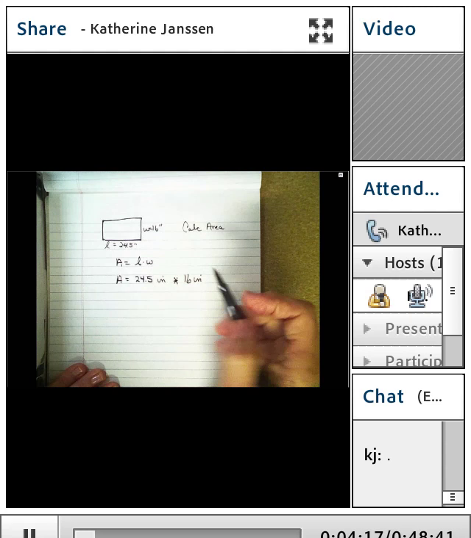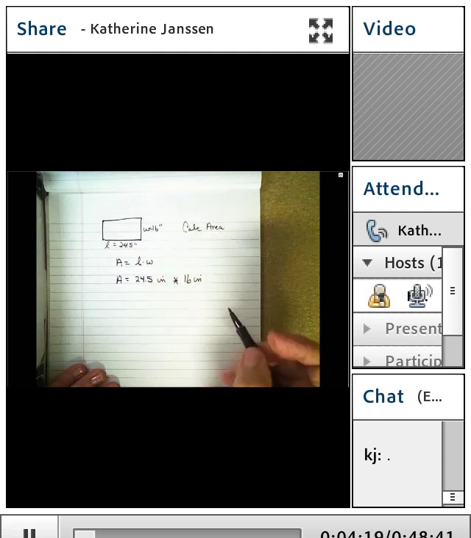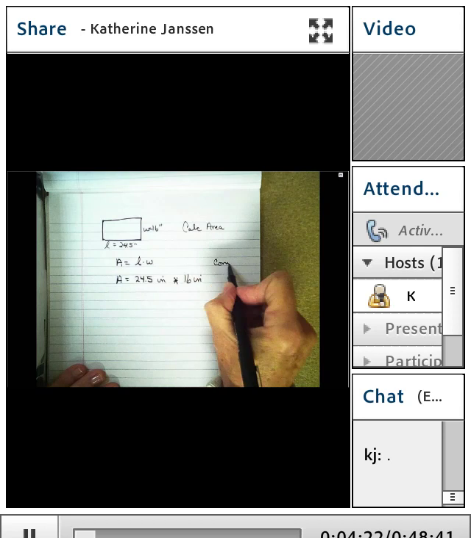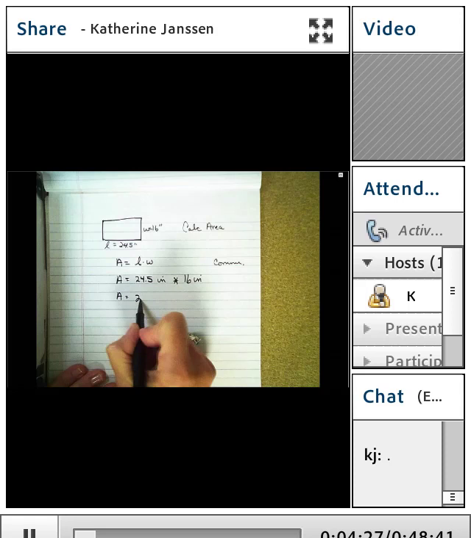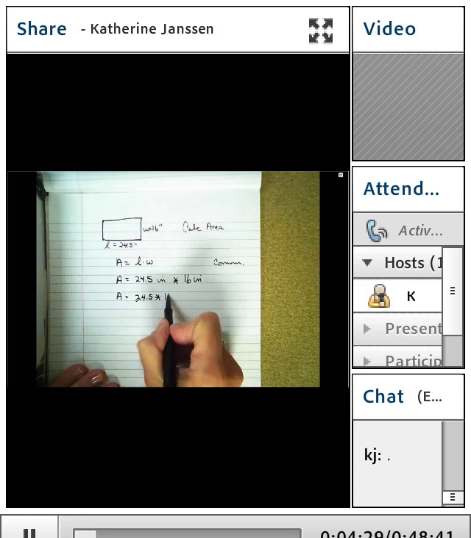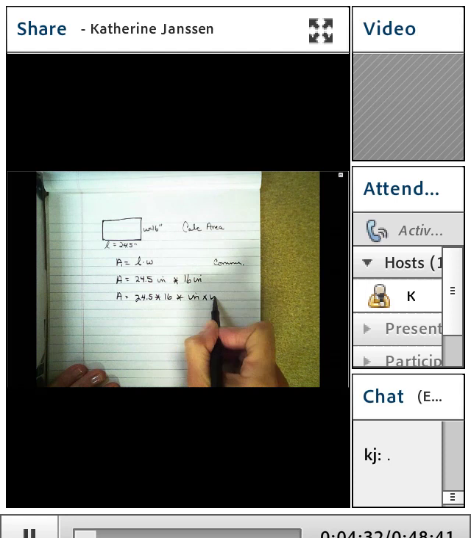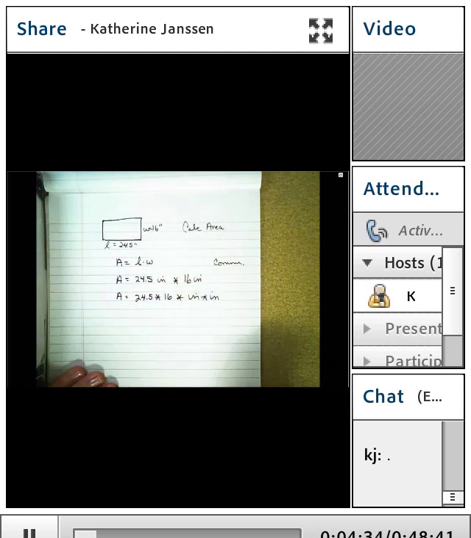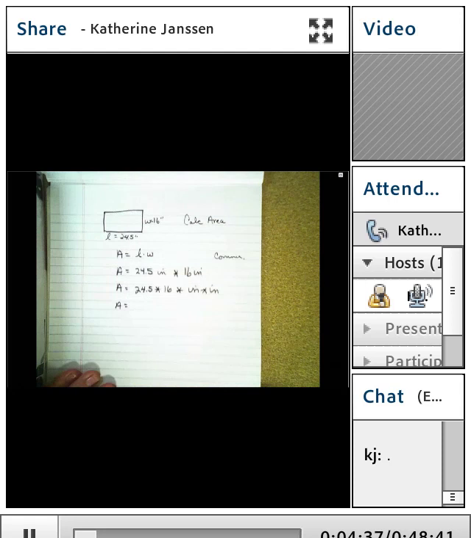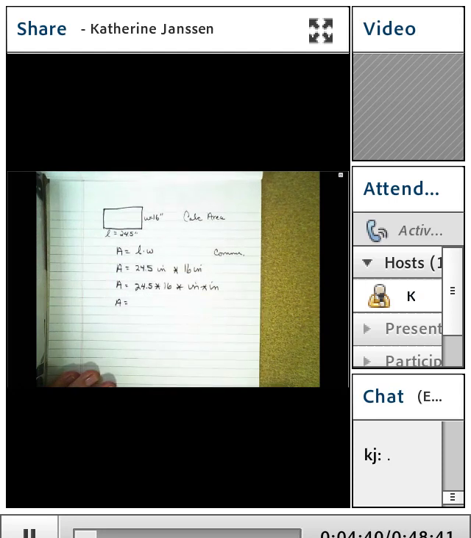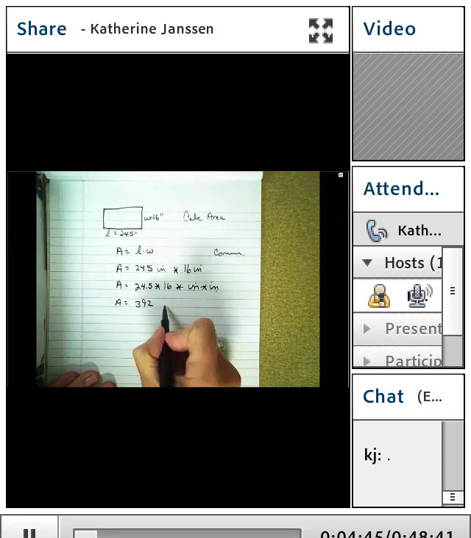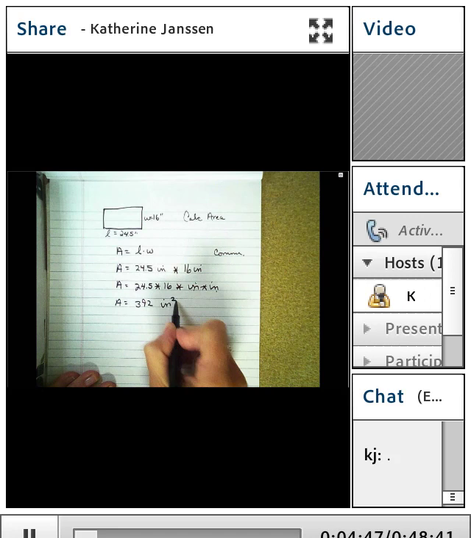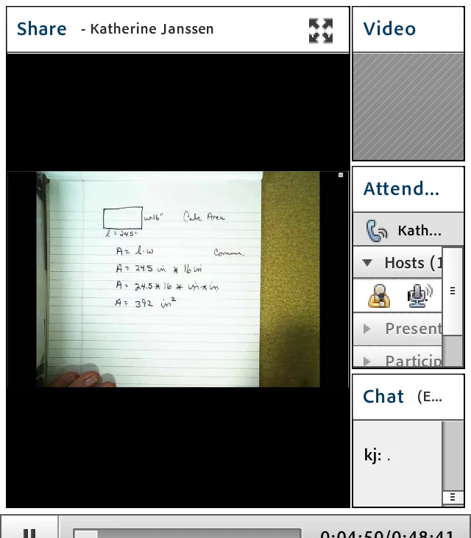Now remember that this is all multiplication, so I can use my commutative property. My terms can commute. So I'm just going to get my constants together and get my unit measurements together. With your calculator, 24.5 times 16 is 392, and inches times inches is inches squared. So the area of this rectangle is 392 inches squared.